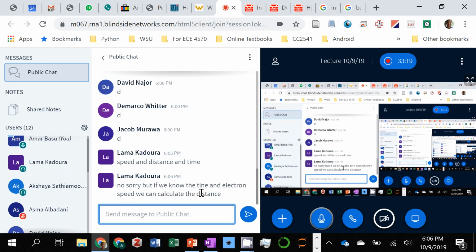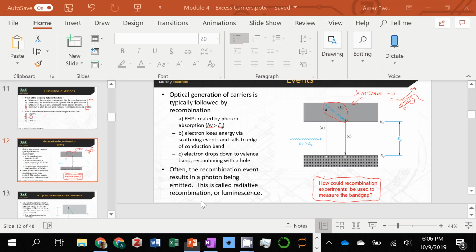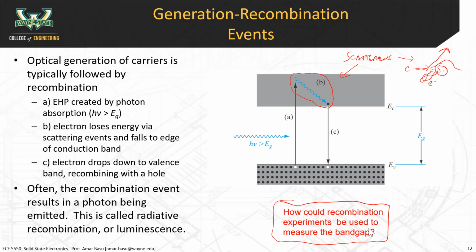Okay, if we know the time and electron speed, we can calculate the distance. But if we know the time and the electron speed, there's actually an easier way to measure the bandgap, and that is simply to measure the wavelength of the photon that's emitted.